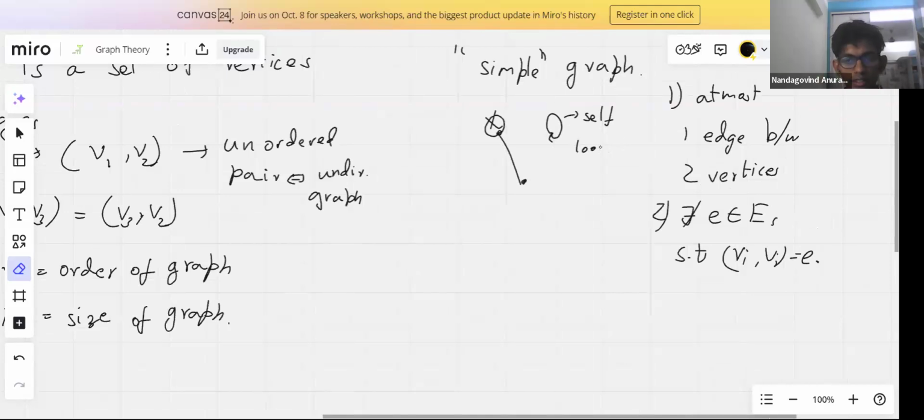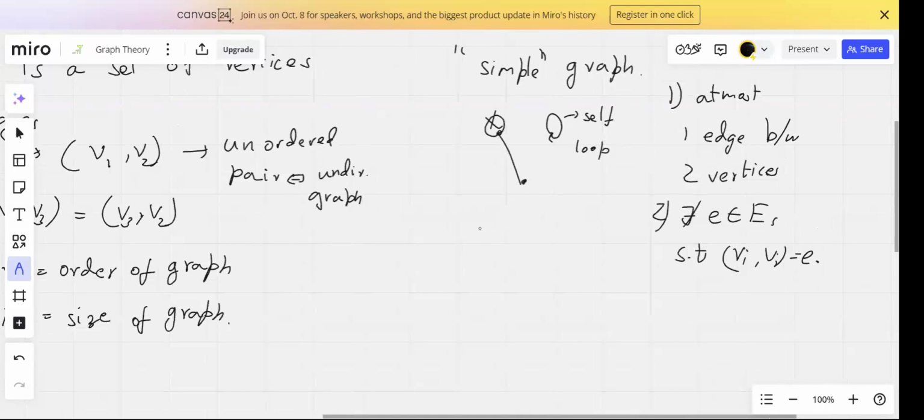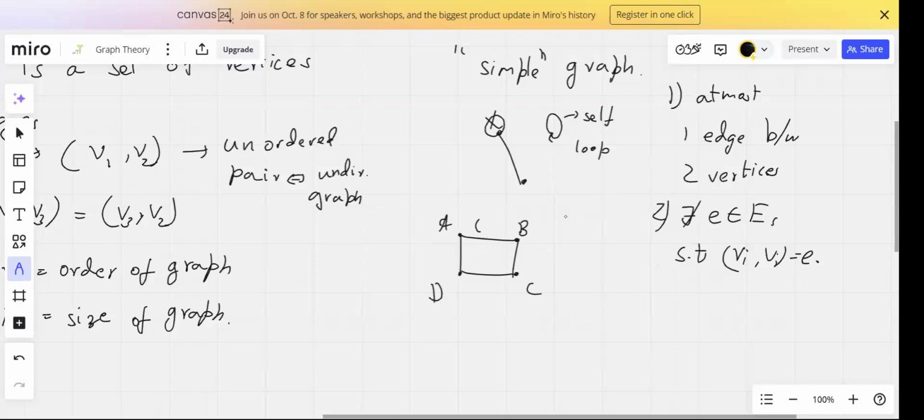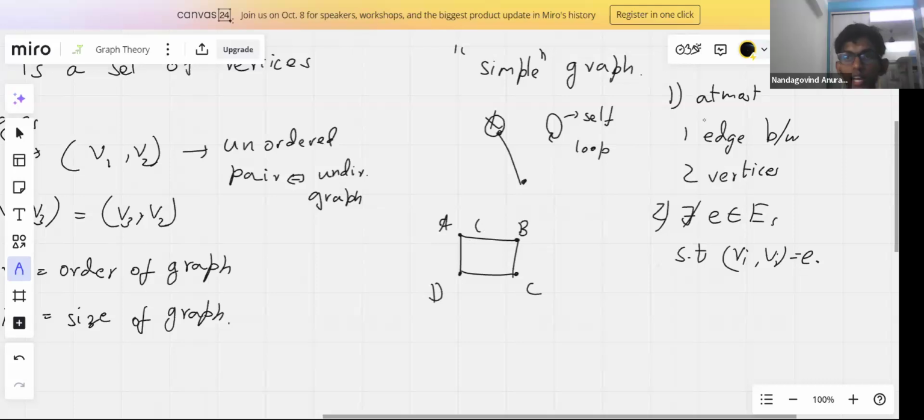If I wanted to give an example, suppose we have a rectangle type of graph. If you name this rectangle ABCD, is this a simple graph? Yes, this is a simple graph. B and D, and A and C, are not connected, so it's at most one.